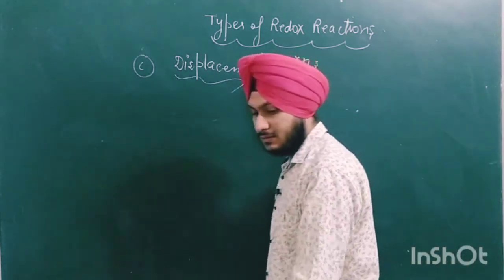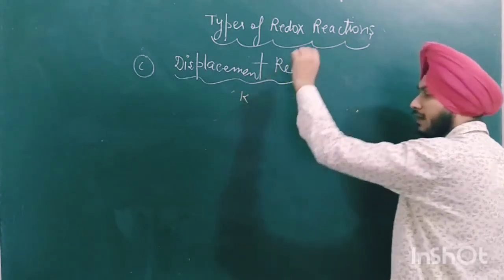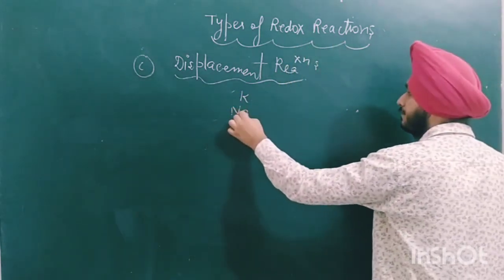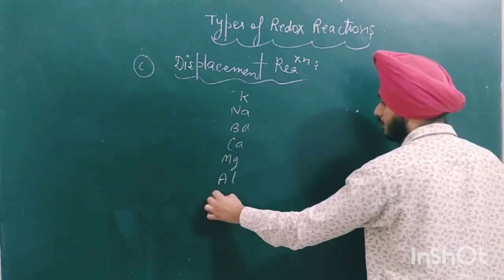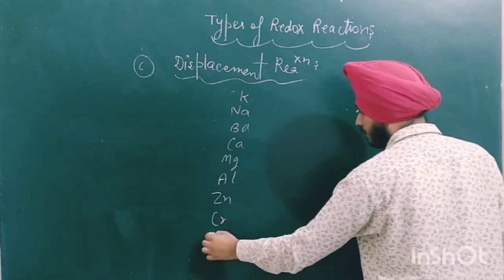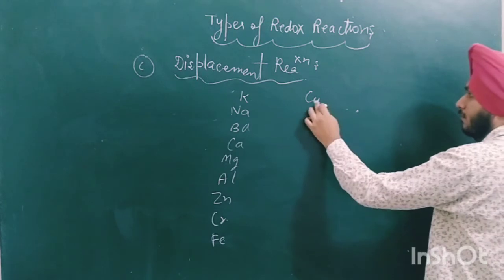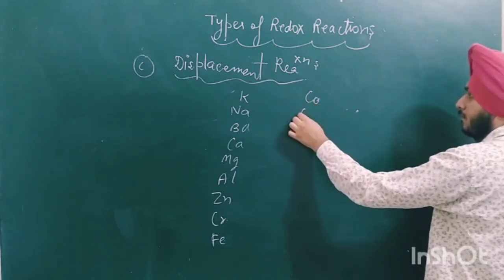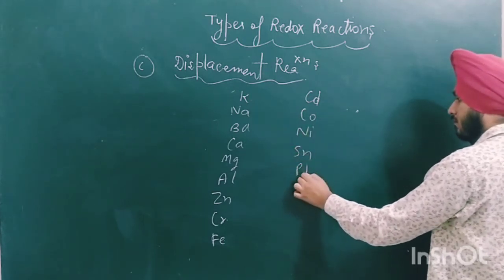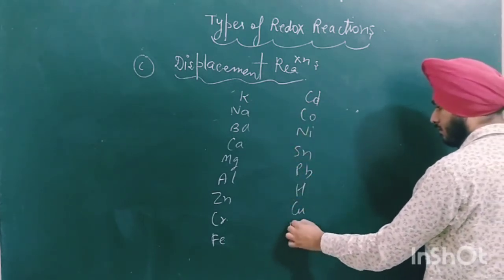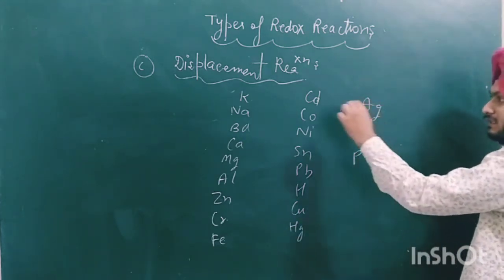I am writing a simple series from high reactive to less reactive. So this is the reactivity series.